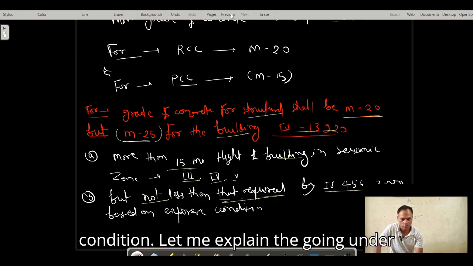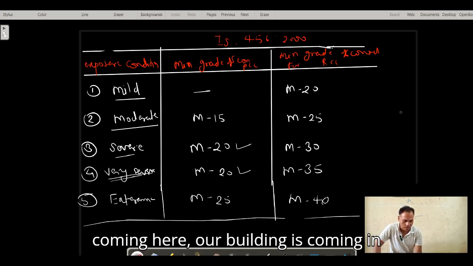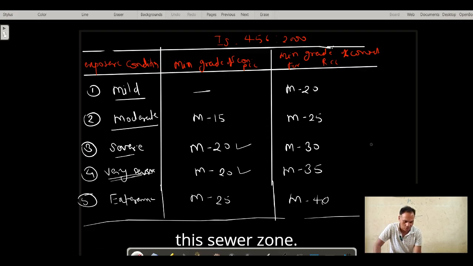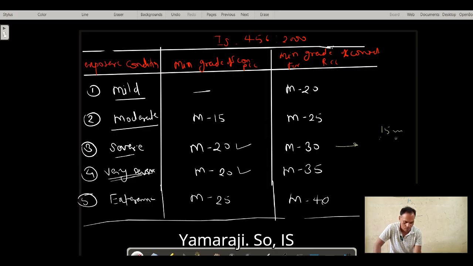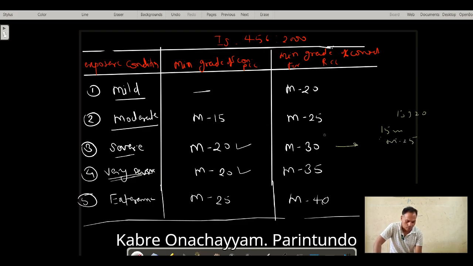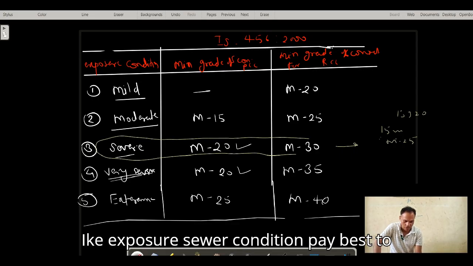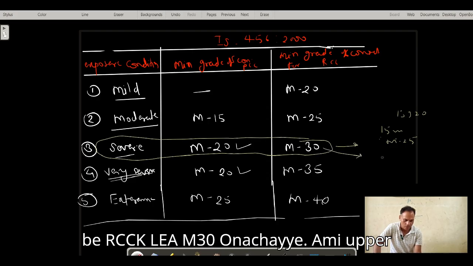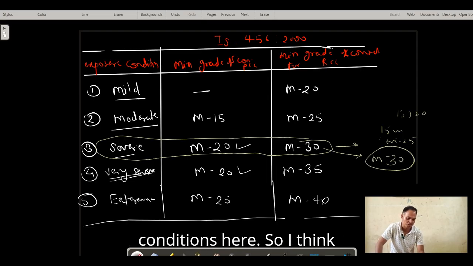Let me explain by going to some previous pages. Suppose our building is coming in this sewer zone. In this sewer condition, our building of more than 15 meter height यहाँ पर आ रही है. तो IS 13920 बोलता है कि मिनिमम M25 का ग्रेड होना चाहिए, परंतु IS 456:2000 बोलता है कि एक्सपोजर सीवर कंडीशन पे बेस्ड RCC के लिए M30 होना चाहिए, तो हम यहाँ पर कंक्रीट M25 की जगह M30 यूज करेंगे. This is the condition here.